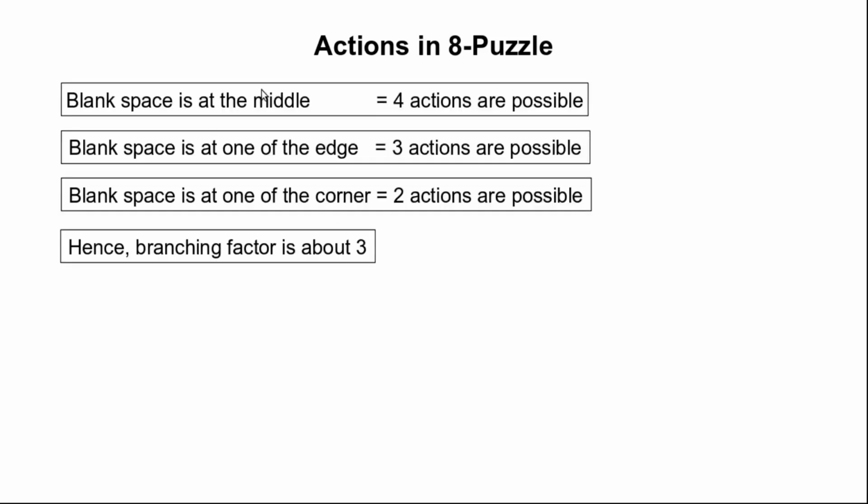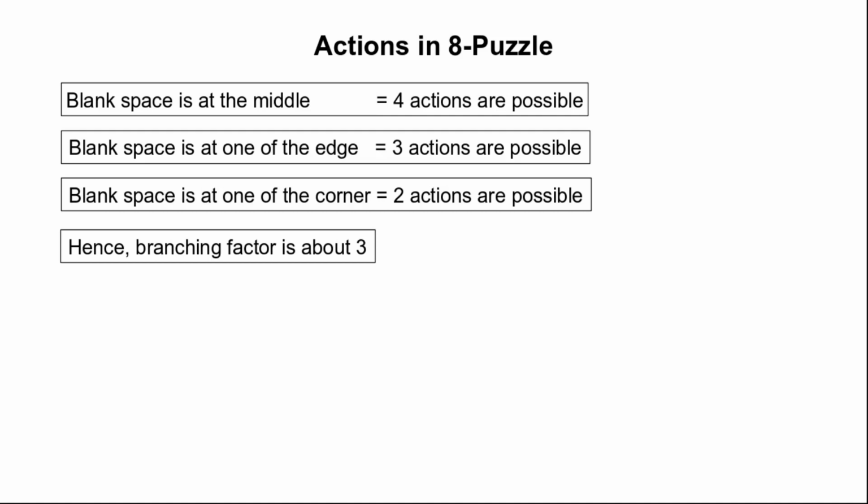So what we saw is that when the blank space is at the middle, then four actions are possible, and when the blank space is at one of the edges, three actions are possible, and when the blank space is at one of the corners, two actions are possible. So for some states we can perform four actions, so that state will have four different successors.